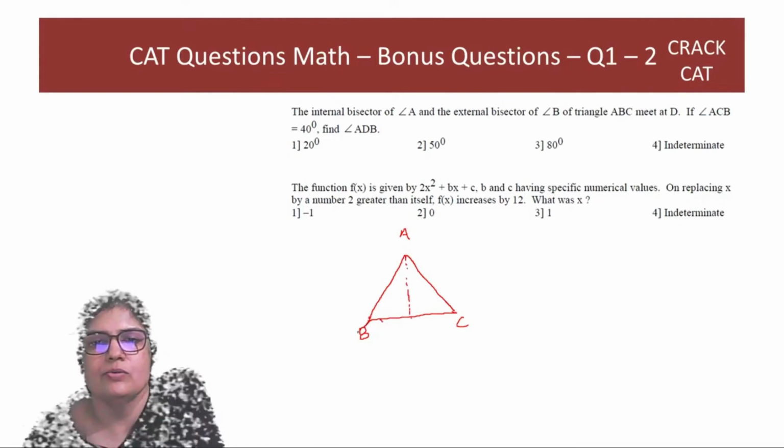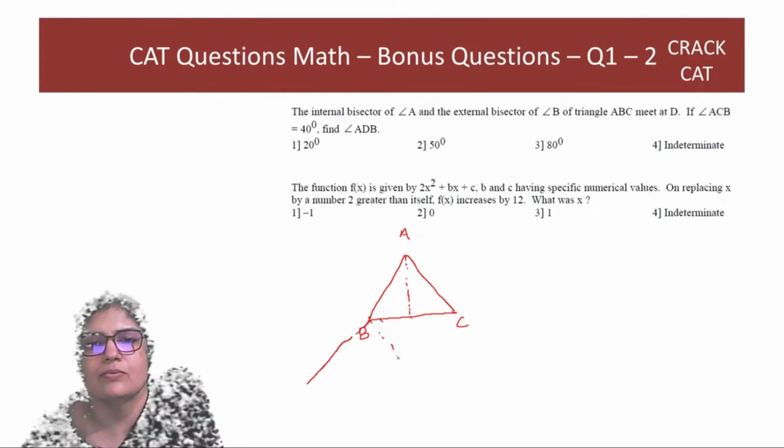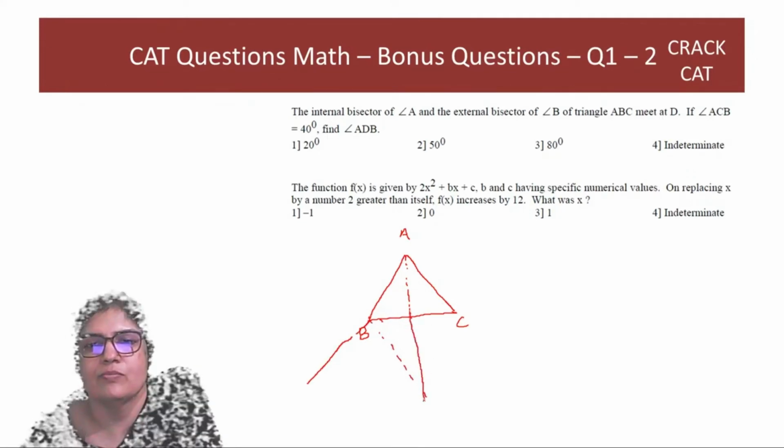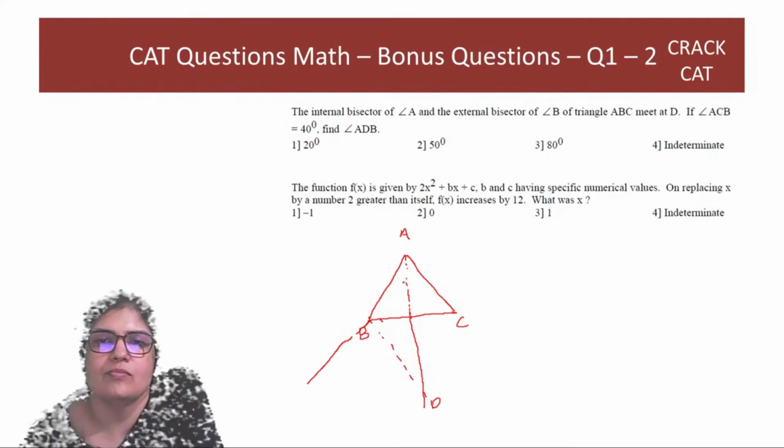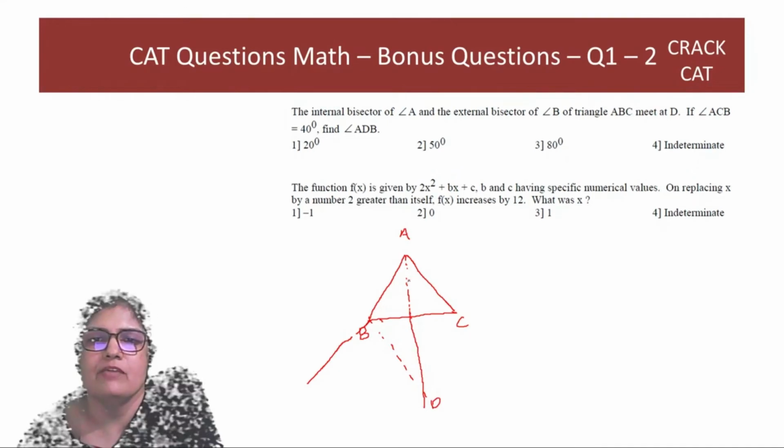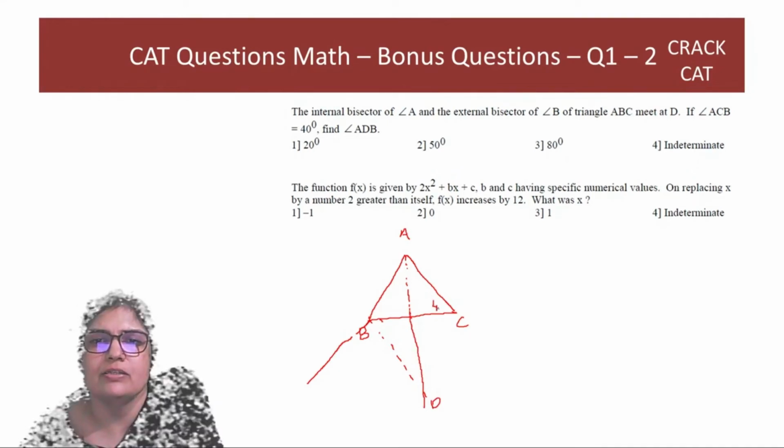Or if you just, this is the external bisector. So they meet at D. If ACB is 40 degrees, I need to find ADB.